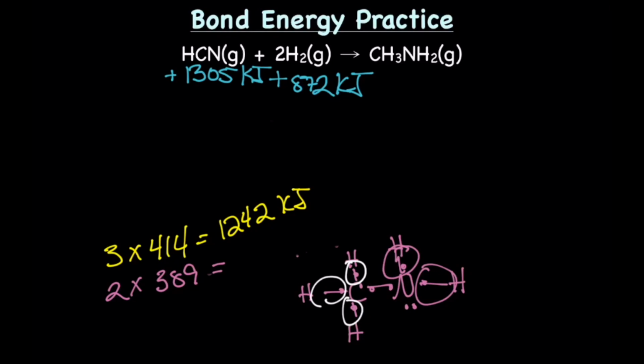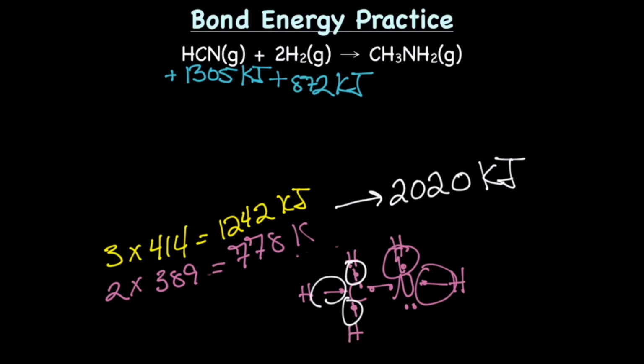Giving us 778 kilojoules. So the total energy released when making the bonds to make this molecule, we'll add those two together, giving us 2,020 kilojoules.